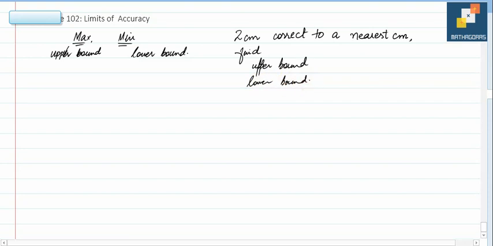The first thing in this topic is that the statement "correct to the nearest centimeter" is very important. If it says correct to the nearest centimeter, that means it talks about 1 centimeter.